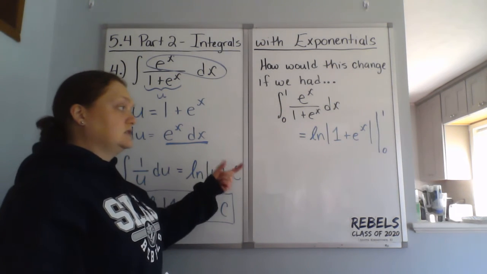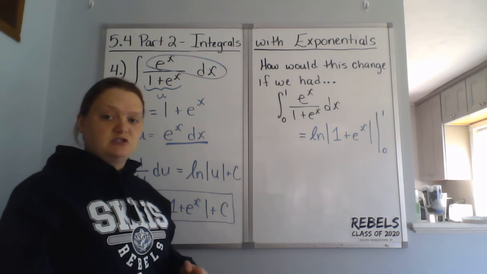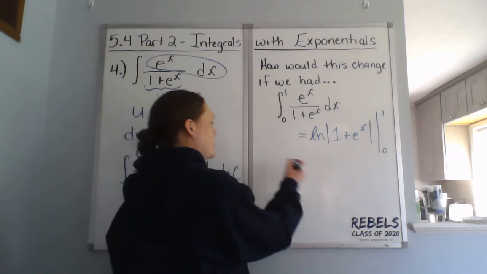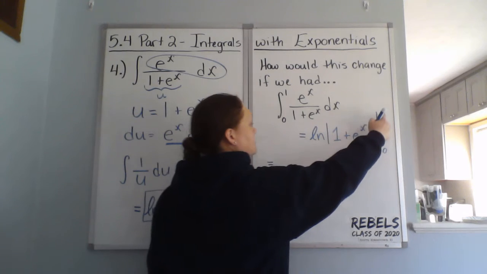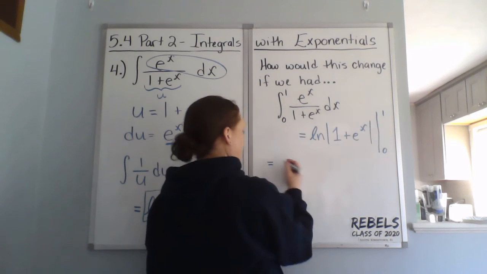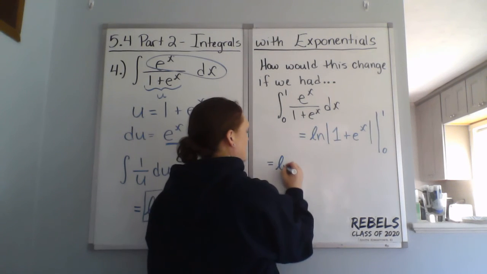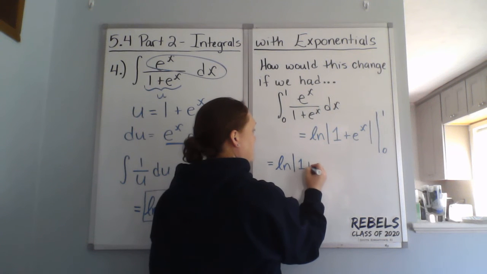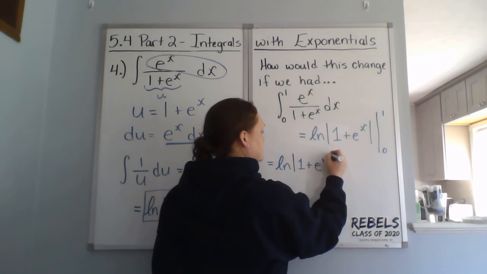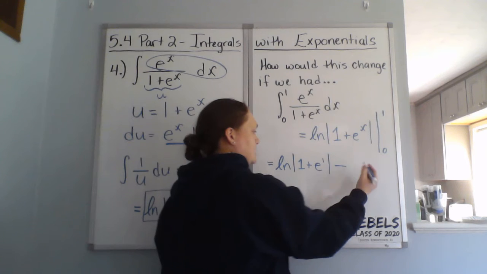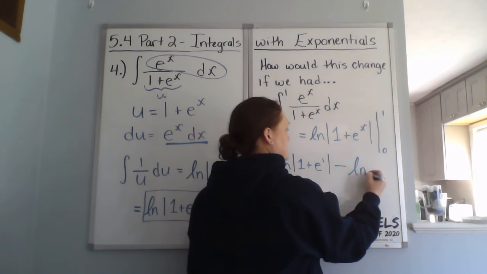But you could potentially see situations like this, especially if you take calculus again in the future, okay? So we are going to plug in the upper bound first. Natural log absolute value of 1 plus e to the first. Subtract the lower bound plugged in.